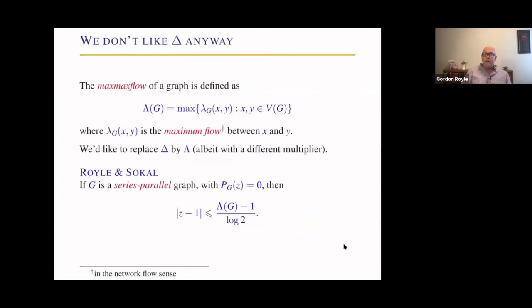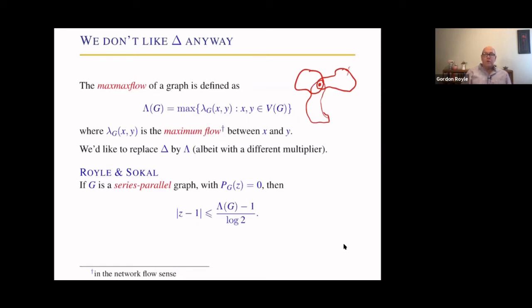But in fact, we don't like the maximum degree anyway, because it behaves in a nasty way with regard to chromatic roots. If I take a graph with a vertex of high degree, and then glue another graph on at that single vertex, and then another, I'm increasing the degree of that central vertex dramatically, but the chromatic roots don't move at all, because the chromatic roots of two graphs that overlap in a single vertex are essentially the union of the chromatic roots of the two graphs.